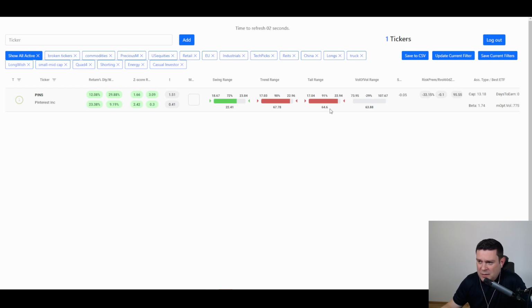So notice this number, 64.6, and this number, 67.8. This number is on tail range, so this is on monthly, and this is on weekly. This is a CHOP index. It's really high. Things are trending if the CHOP index is below 50. Sixty is already a lot, and 68 is a lot.